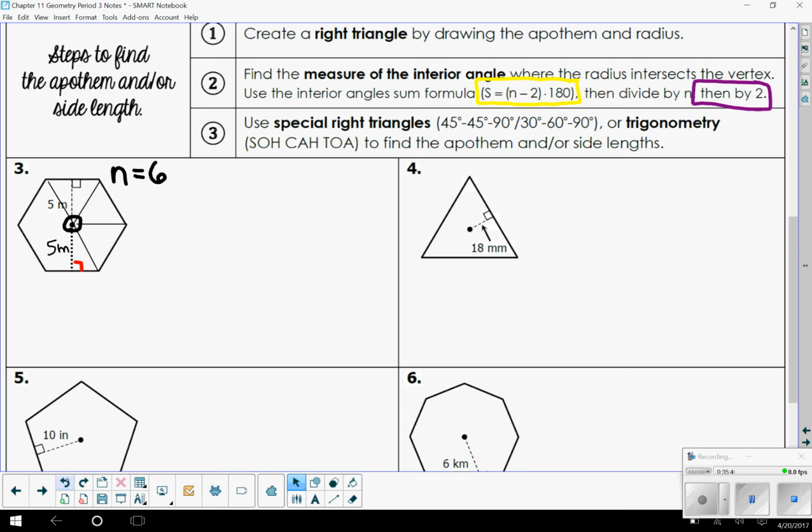You're looking at me like I'm crazy. I'm trying to give you the way out. All right, so 360. How many sides? 6. I get 60. Now, you still have to divide by 2, because what did I just find?